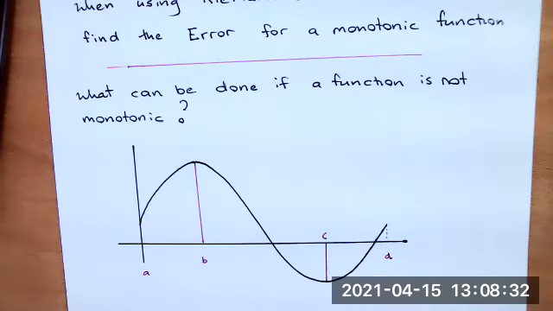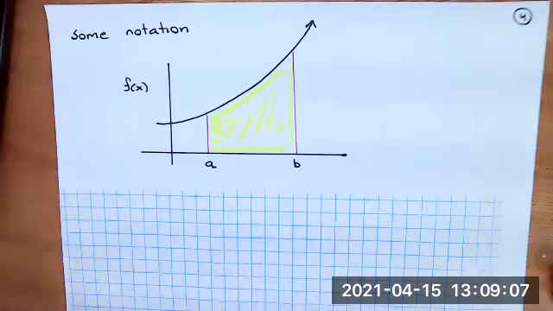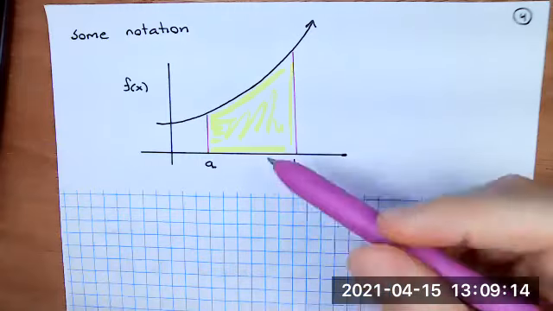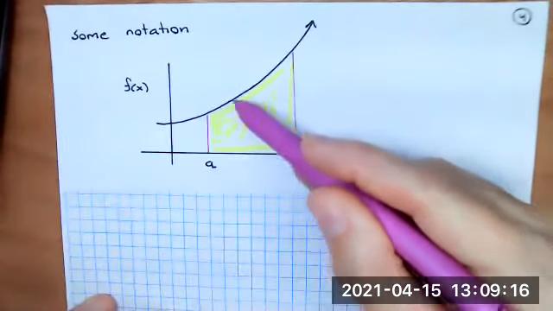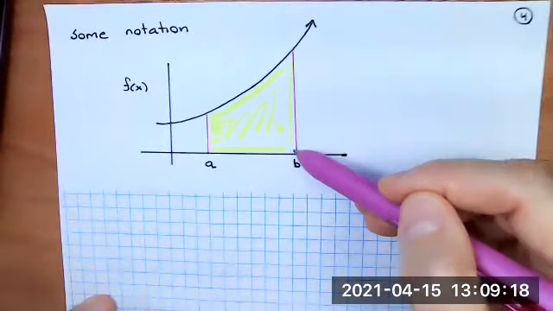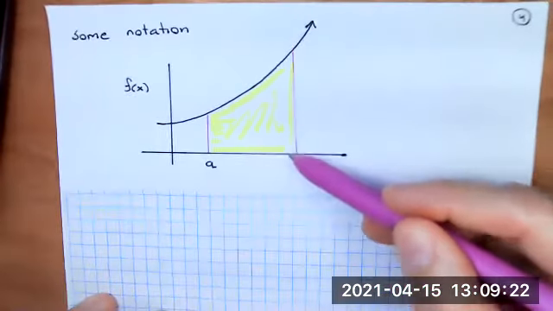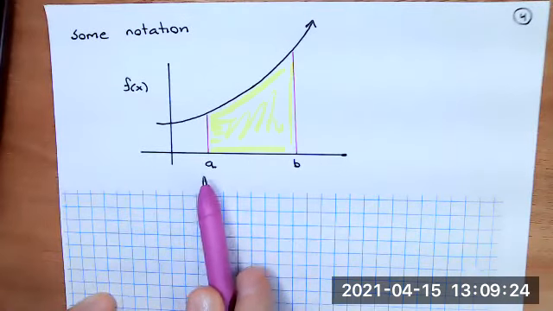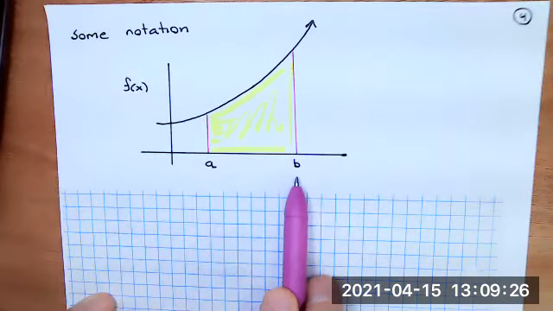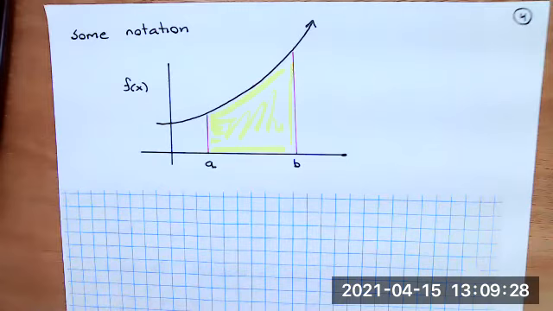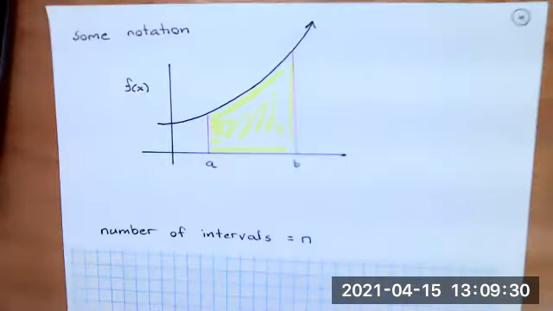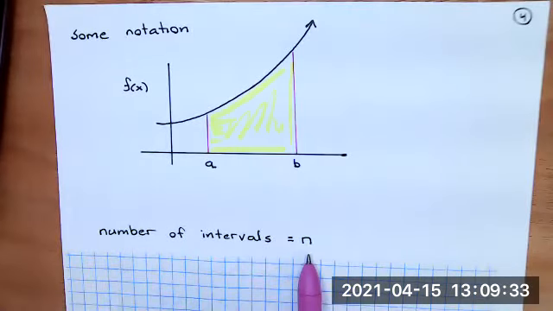All right, let's introduce some notation. We want to find the Riemann sum. We want to estimate the area bounded by f of x and the x-axis for this interval between A and B. Well, first we're going to decide how many intervals we're going to use.